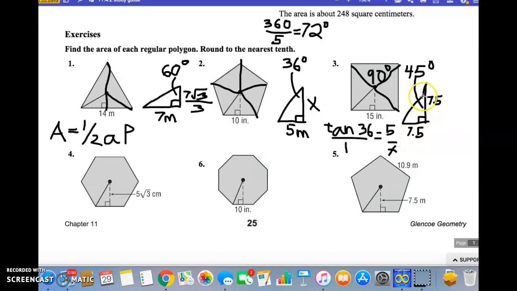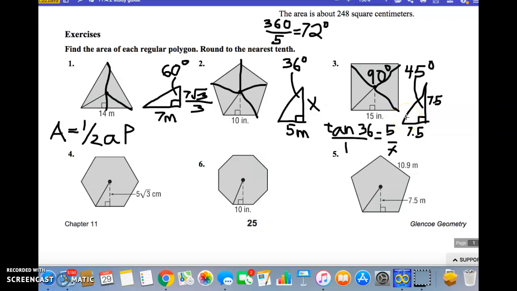And because now we have a 45, 45, 90, it's basically a right isosceles. So we've got 7.5 here, and your apothem is now 7.5. So plug into the 1/2 AP from all the way over here: 1/2 of 7.5 times your perimeter, which would be 60, and then you can solve problem number 3.